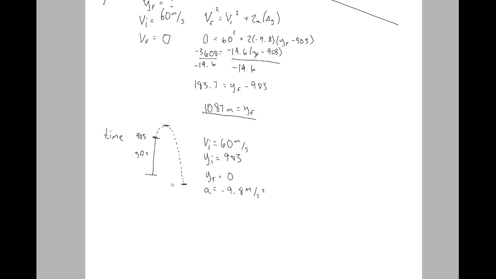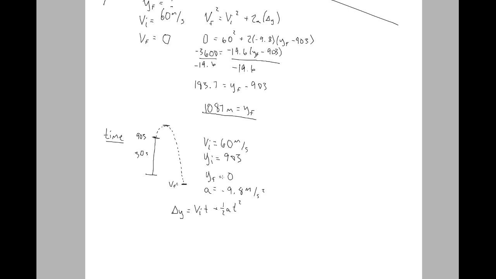What I don't know is V final as I'm hitting the ground. I don't even want to calculate that right now. I'd imagine it would very much hurt. So I should pick an equation because I'm looking for time. I should pick an equation that doesn't have V final in it. Hey, like this one. Delta Y equals my V initial times time plus 1/2 AT squared.